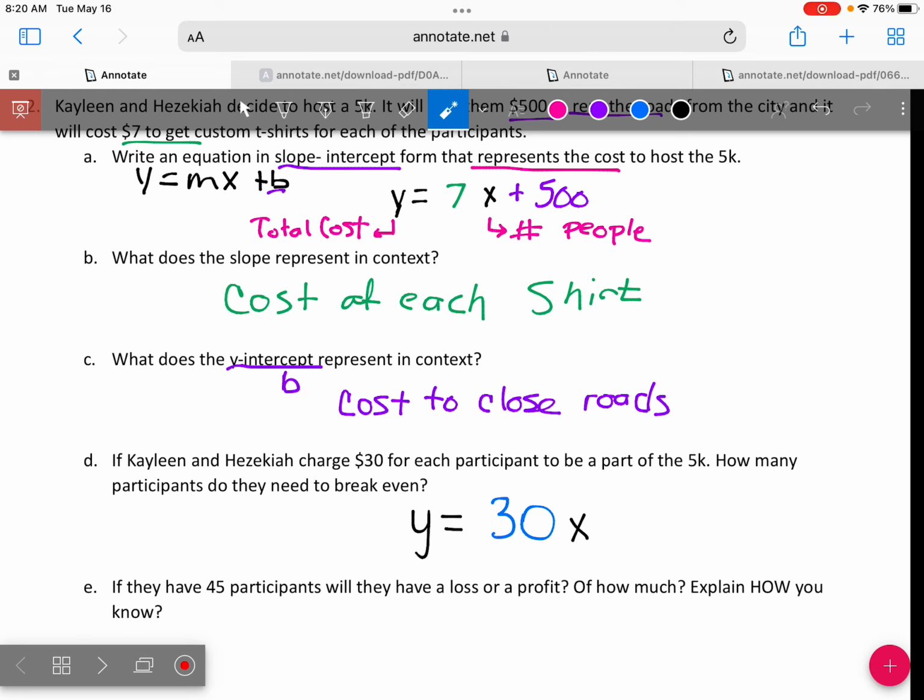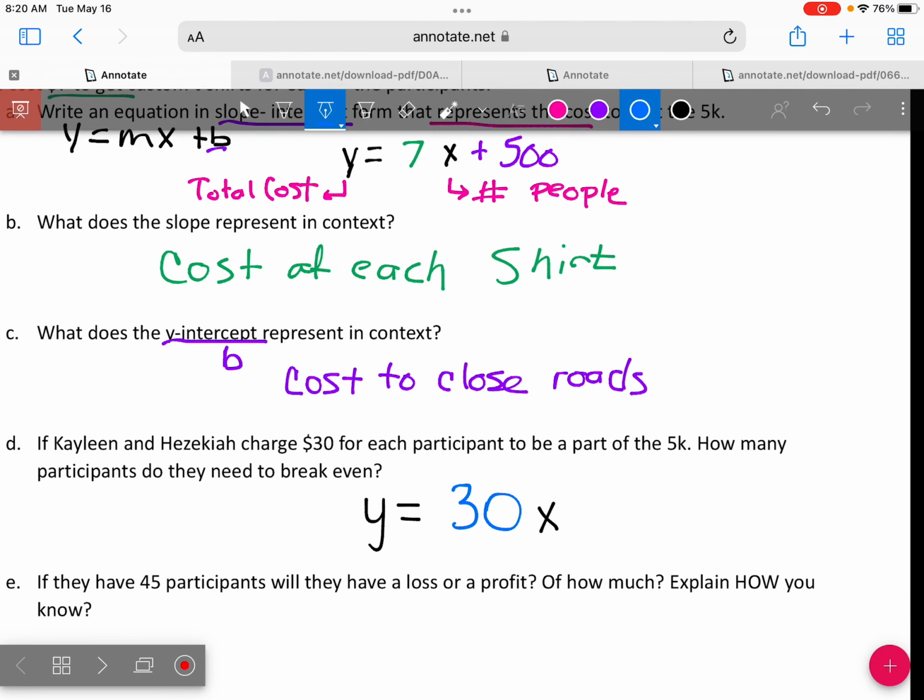How can I smush those together? By doing 30x equals 7x plus 500. I've got this guy equals y, and this guy equals y. Let's do some substitution. We take 30x and substitute it in place of y into our 7x plus 500.